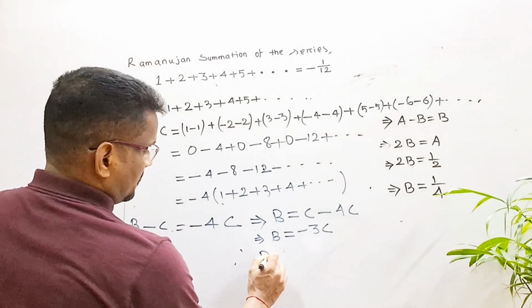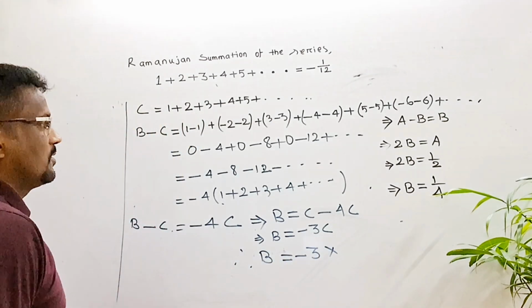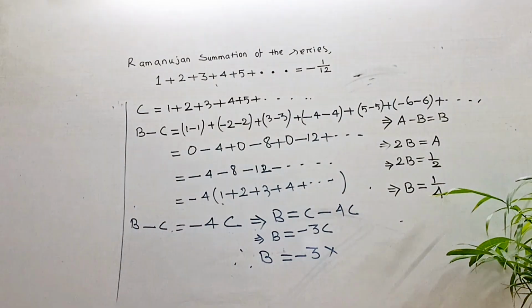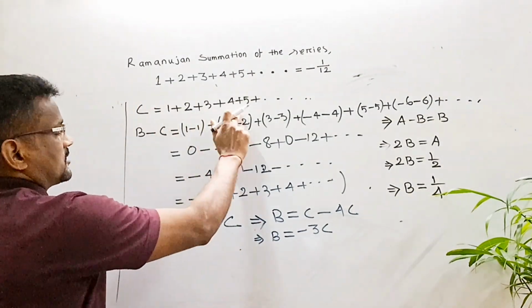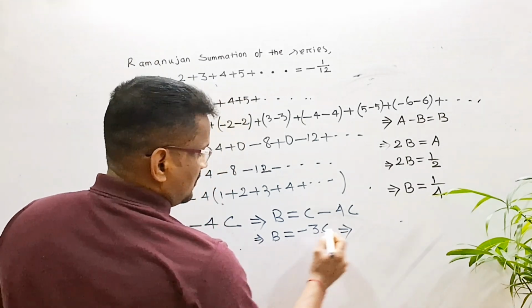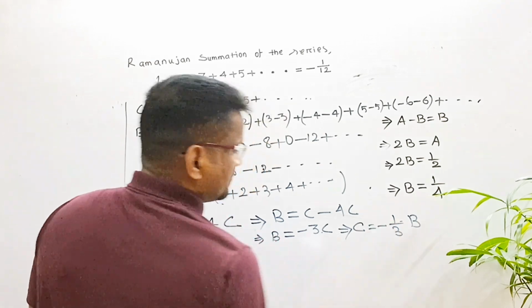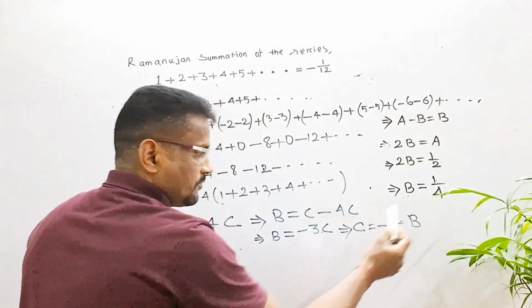Therefore, B is equal to negative 3 into C. We need to find out C, because C is your sum of the natural numbers. So C is minus 1/3 of B. Now you see here, B is 1 by 4.